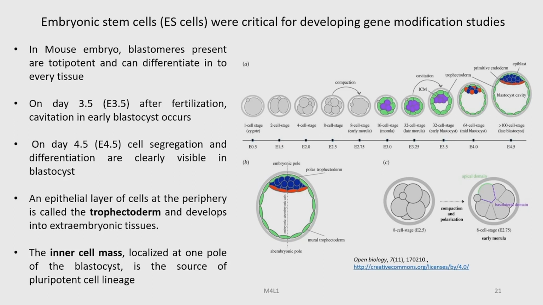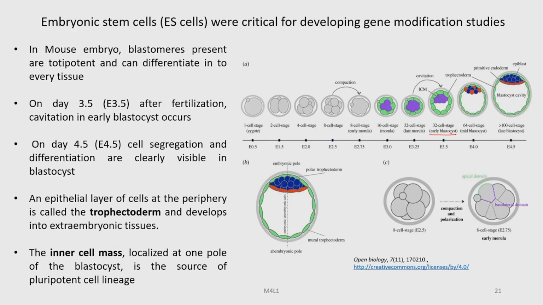And then after the 8 cell stage you have the early morula stage, then the morula stage, then at the 32 cell stage you have the late morula, followed by the transformation into early blastocyst, then a mid blastocyst, and finally late blastocyst, which is over 100 cell stage.